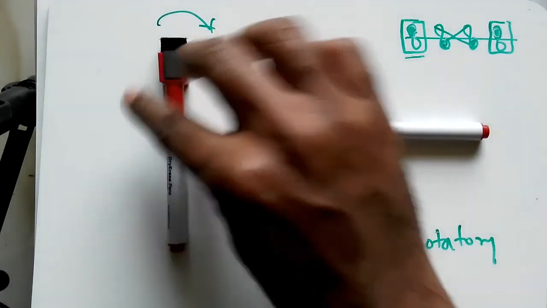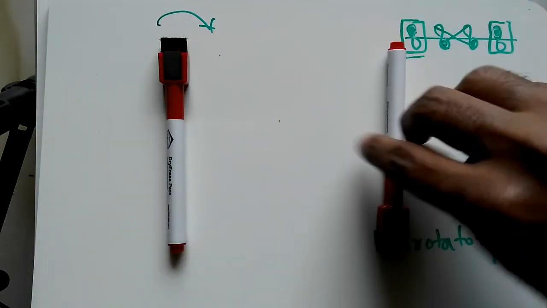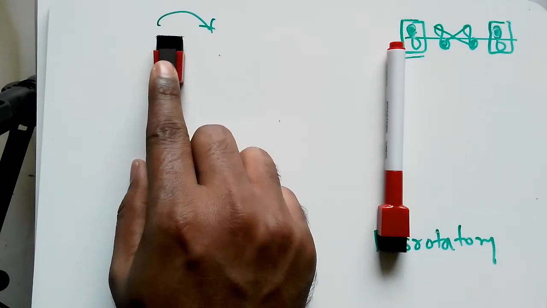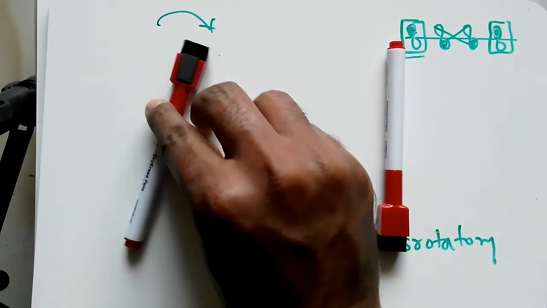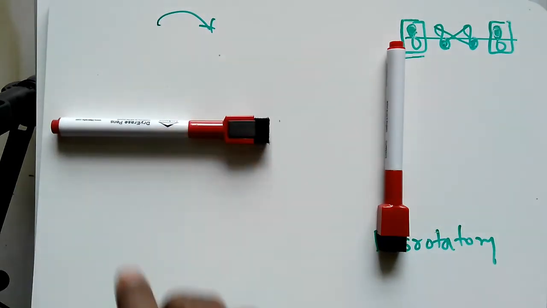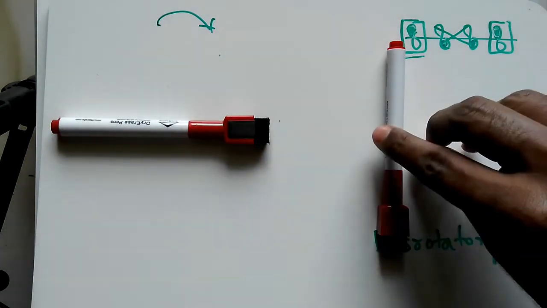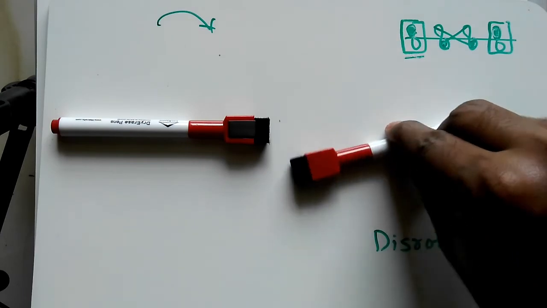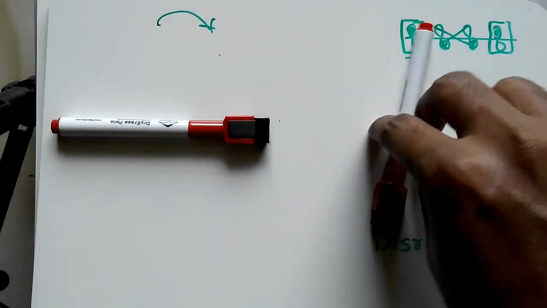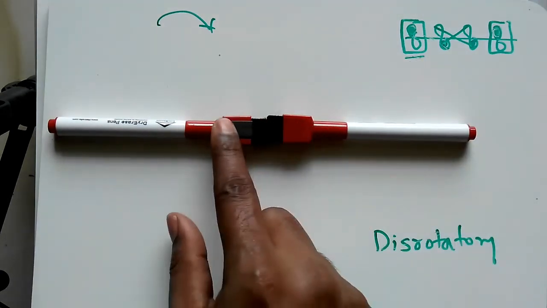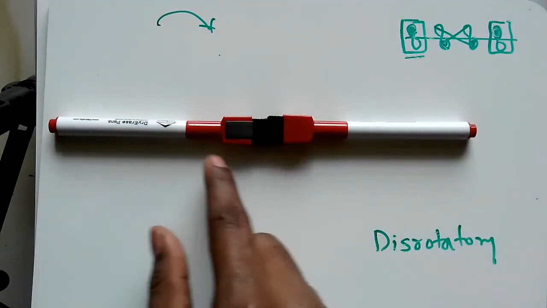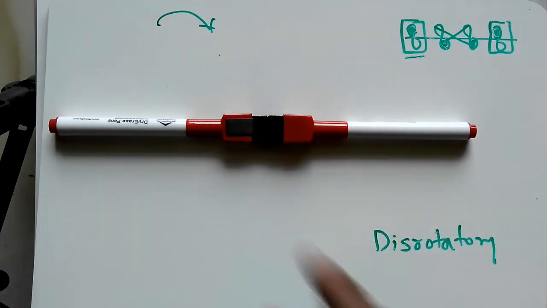Now suppose one phase is up and the next phase is down. Suppose I move this in the clockwise direction, and I move this also in the clockwise direction. This movement is called clockwise. If I move them in the clockwise direction, again the phases come together, constructive overlap, and they will form a bond.